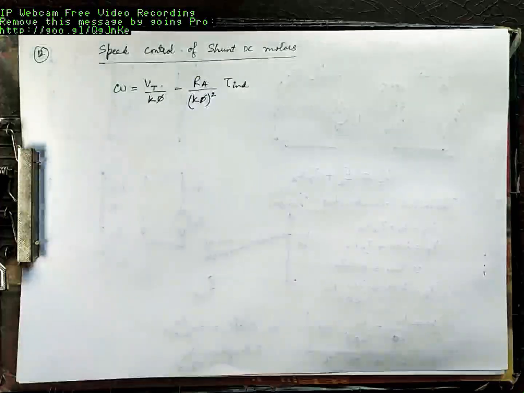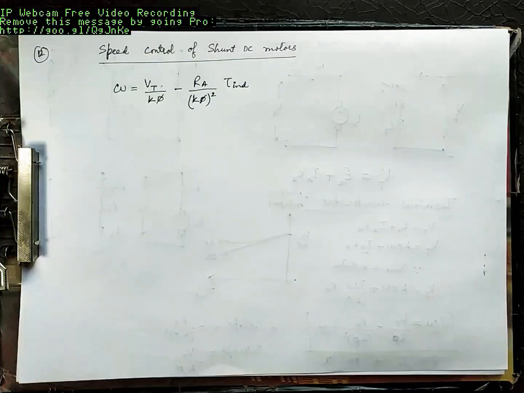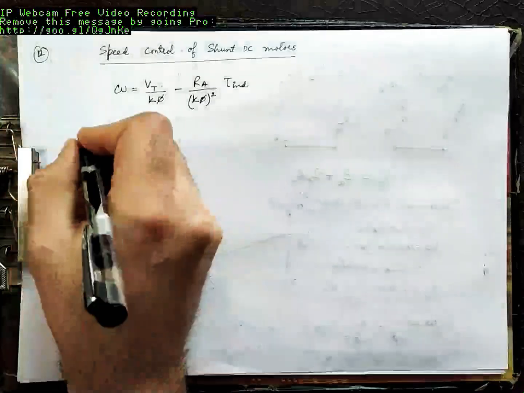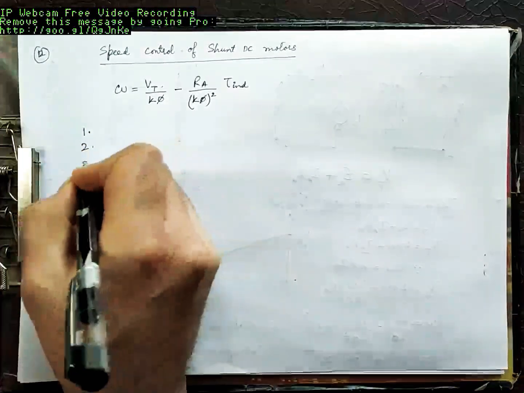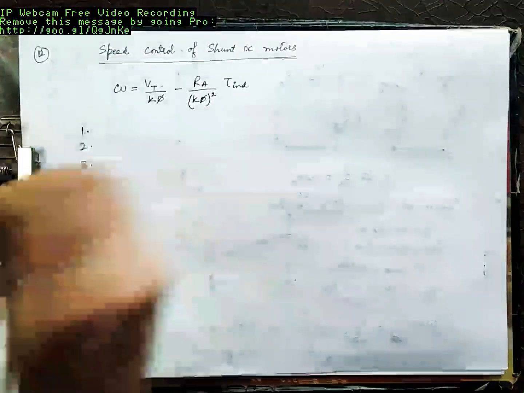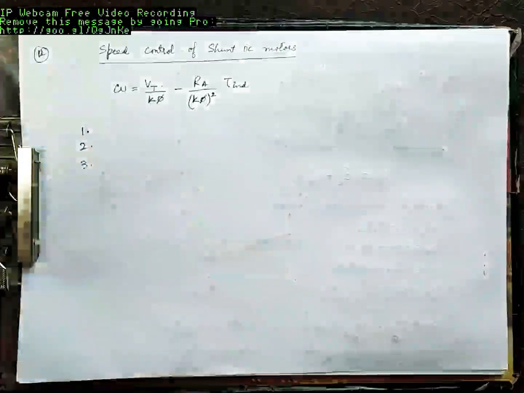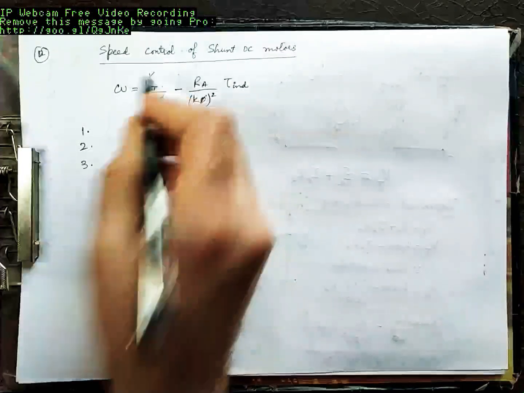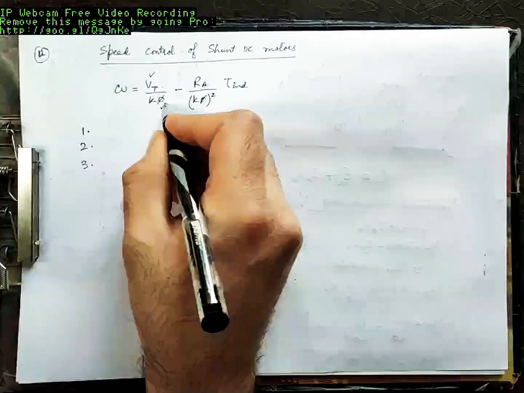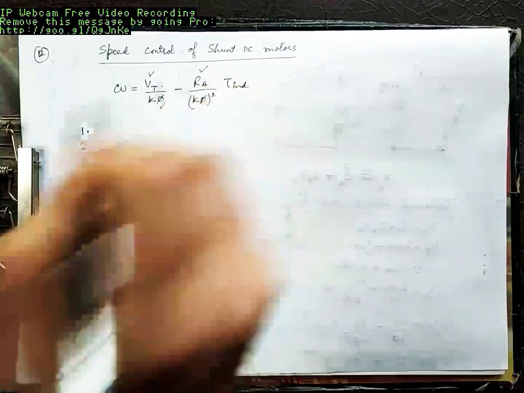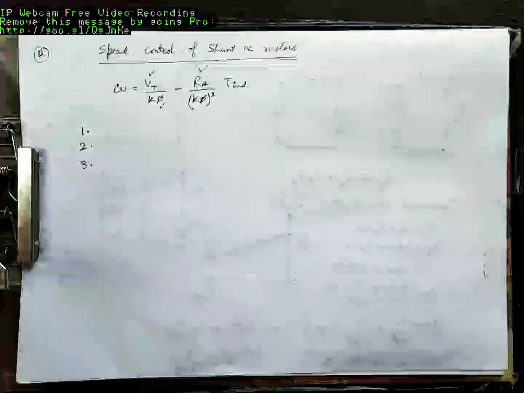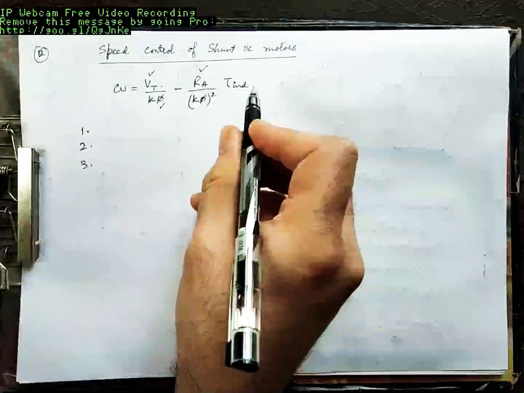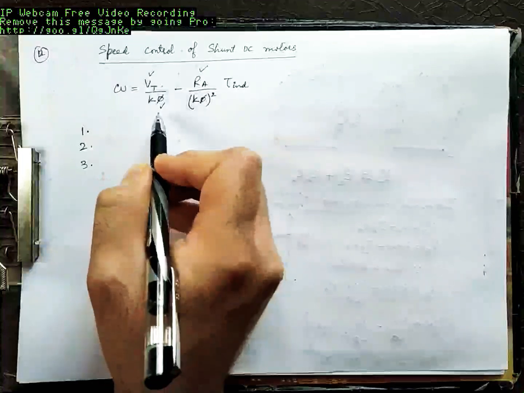We know about this expression now. There are three methods of speed control. We can control this speed either by controlling the voltage Vt, controlling the flux phi, or controlling the armature resistance Ra. Omega can be controlled by controlling these three parameters from this equation.